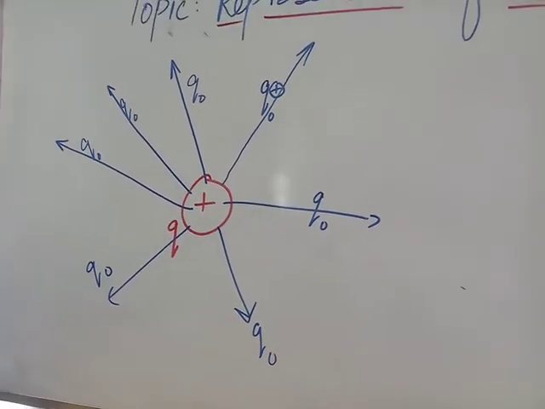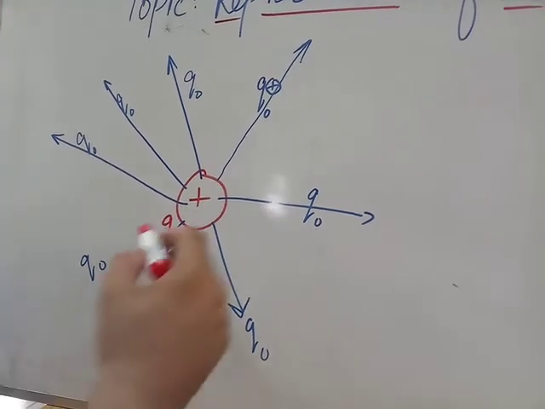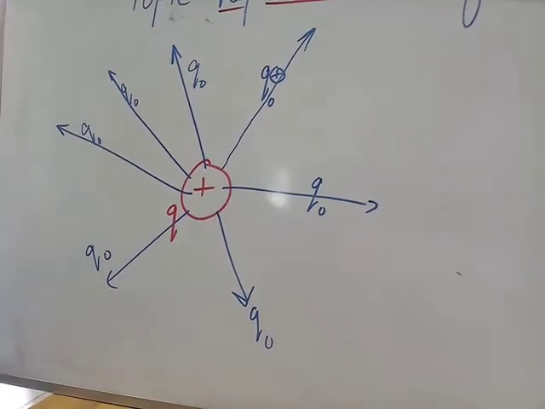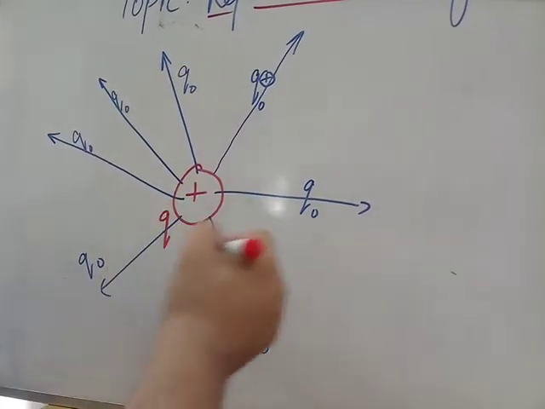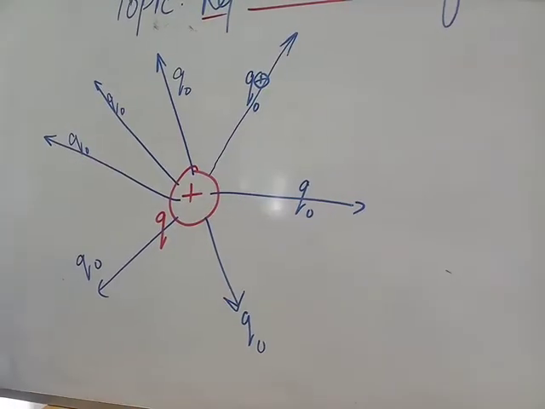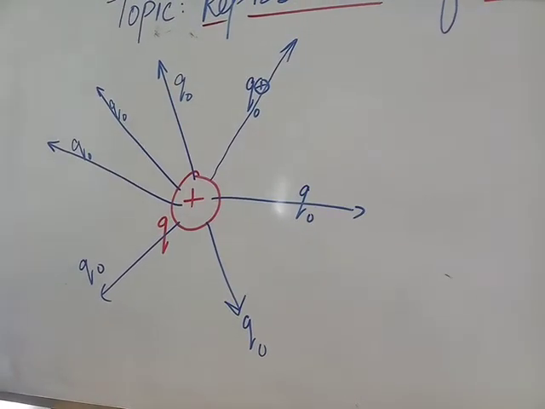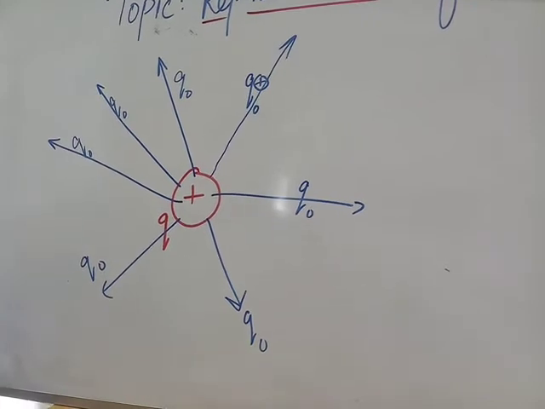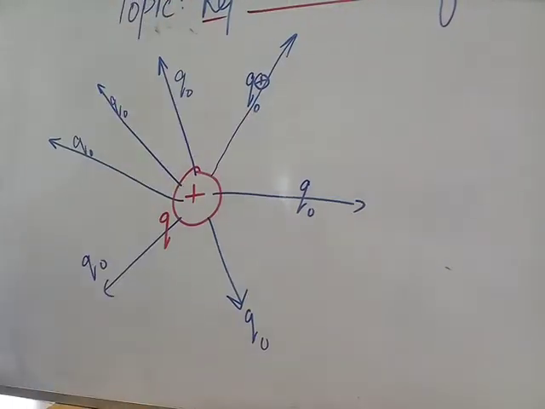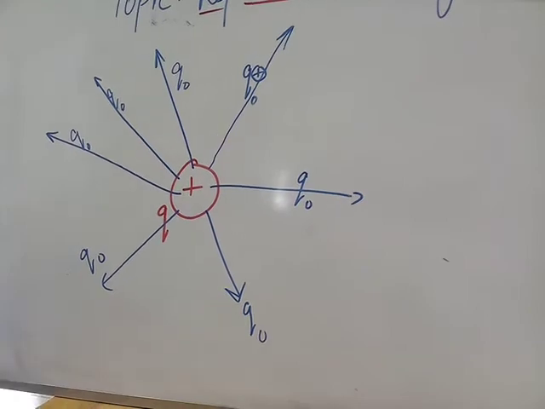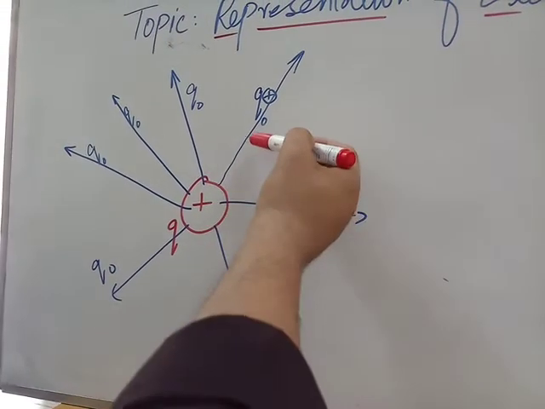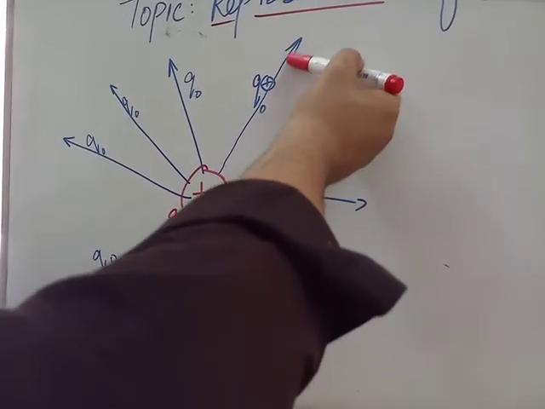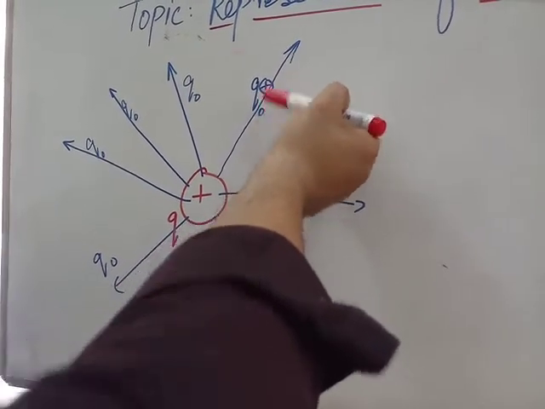These arrows indicate the electric field at different points. These arrows are radially in the outward direction. These are imaginary lines where we draw the force at the position of the test charge. It is always a repulsive force.